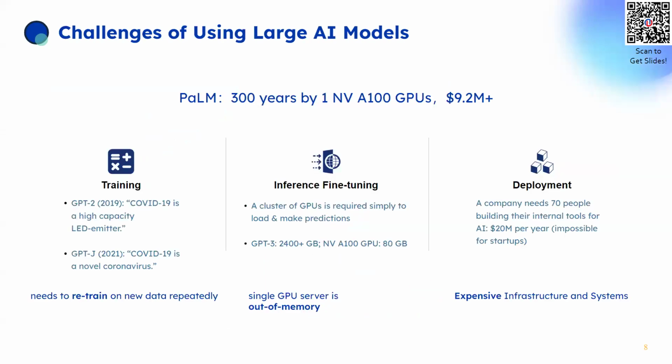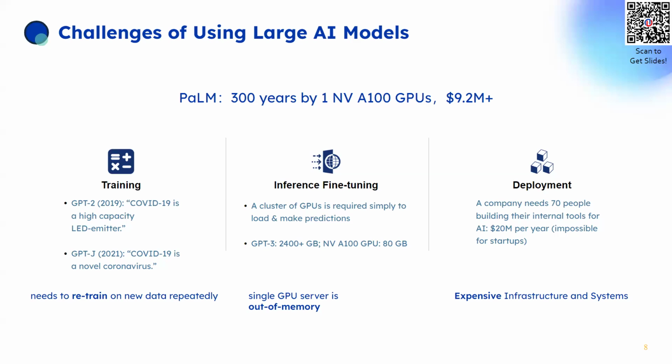So going back to the challenge, now let me give you some data. Here I just want to highlight why it's so expensive. Let me use the PaLM model. PaLM is a very big model introduced by Google.